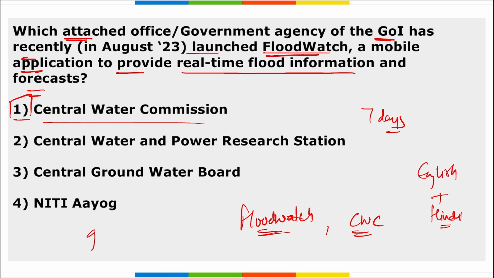Here the green color signifies that it is normal, yellow color signifies that it is above normal, orange is for severe, and red is for extreme. So this is Flood Watch, a mobile application to warn people about the forecast of the floods, and this was launched by Central Water Commission.